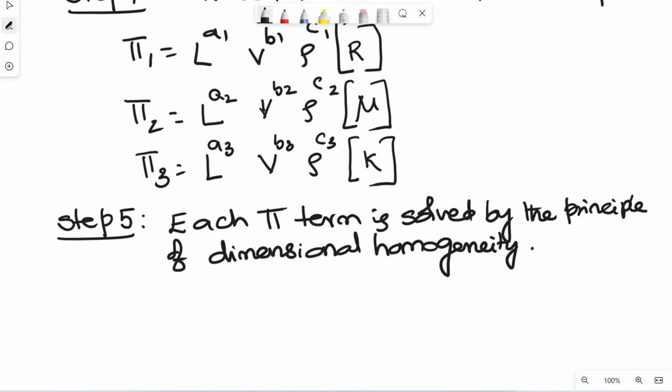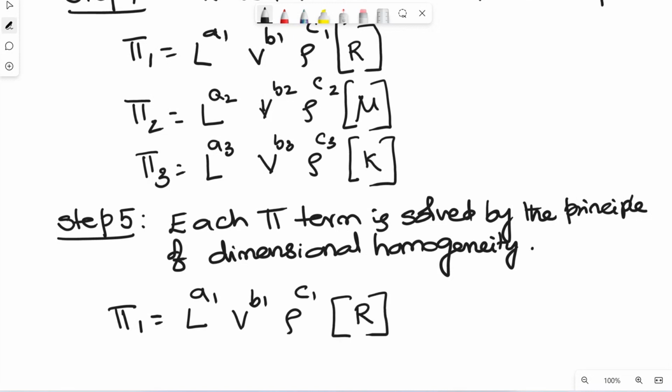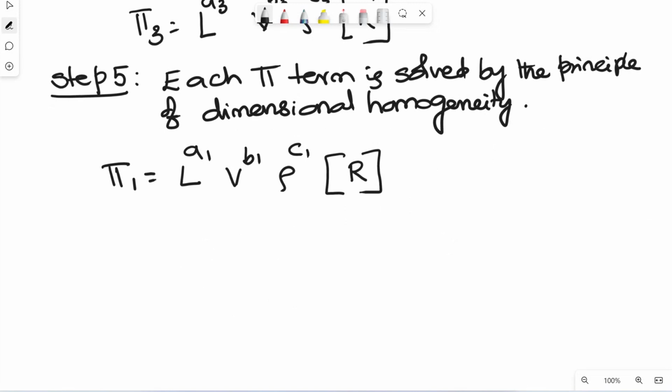First, I will take pi 1, which is equal to L to the power of A1, V to the power of B1, rho to the power of C1, into R. Already we have written the dimensions above, so I bring each one of them here. A pi term doesn't have any dimensions, so I can write it as M0 L0 T0, because it does not have any dimensions.